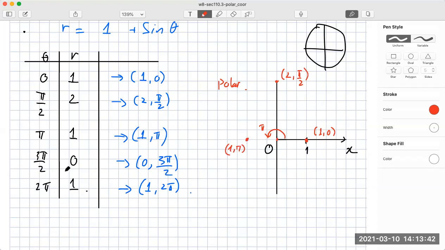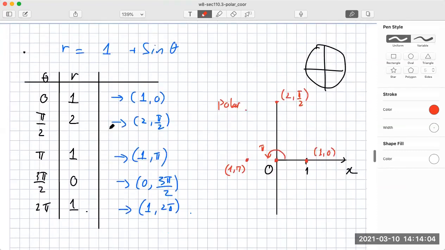And at 3 pi over 2, which means here, and it goes back, r will be 0, it is this origin, right? And at 2 pi, it goes back to this point, right?